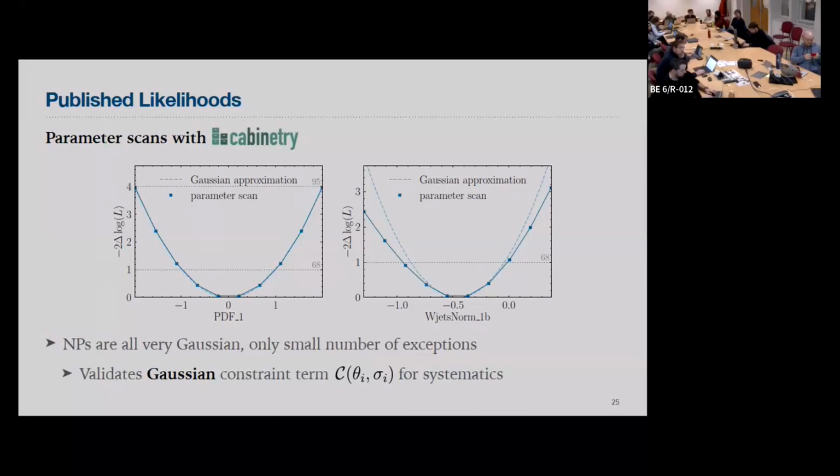So why do I care about this? Because as I said in the beginning, within our framework, we assume all of our systematic uncertainties to be Gaussian. So when we look at the nuisance parameter on the left, we can already see this would be quite a reasonable assumption. But the one on the right is decently well described by a Gaussian, but not perfectly.